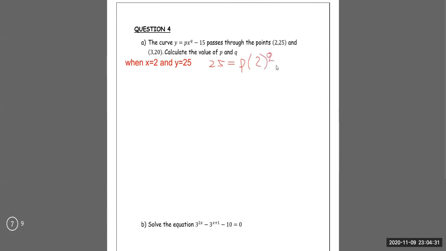Absolutely. So that's one equation, right? Yes, sir. So it looks like we're going to have a simultaneous equation.